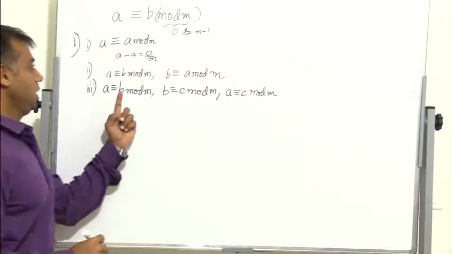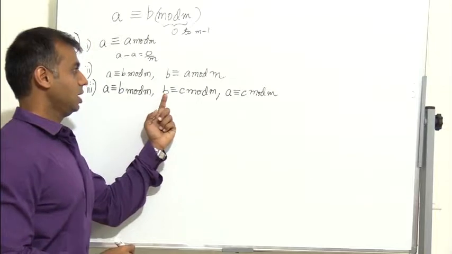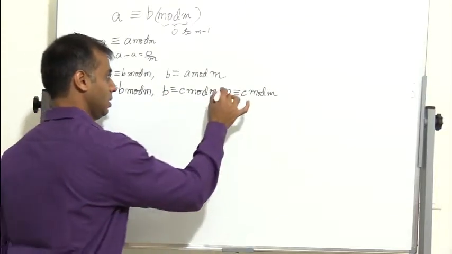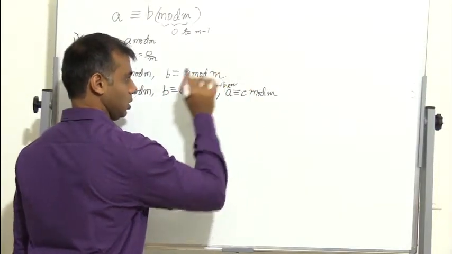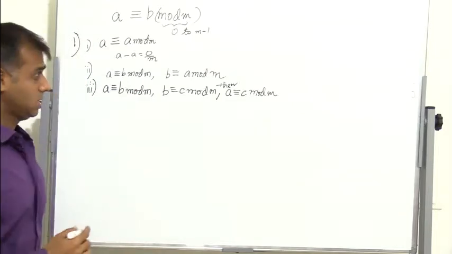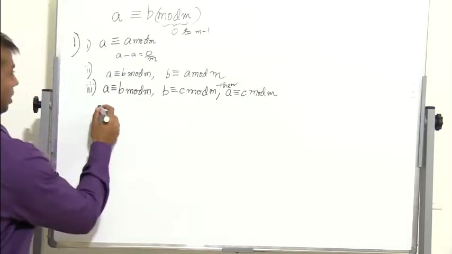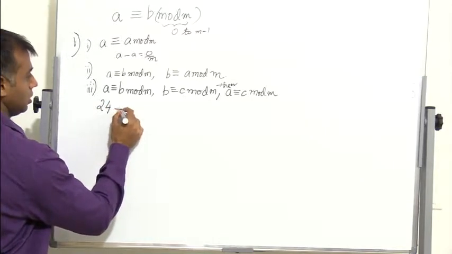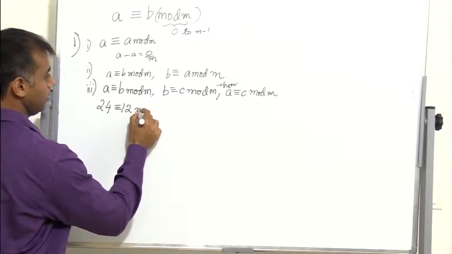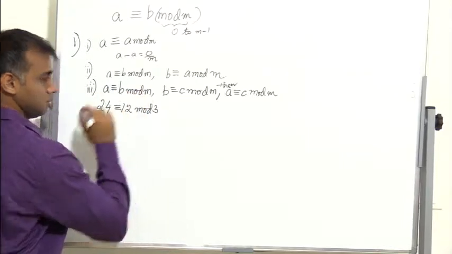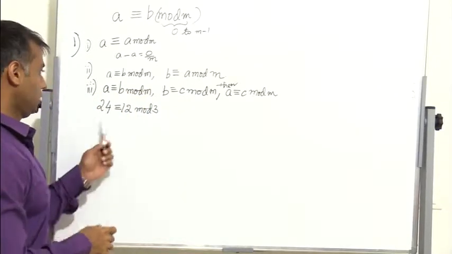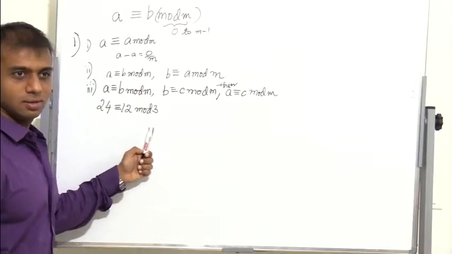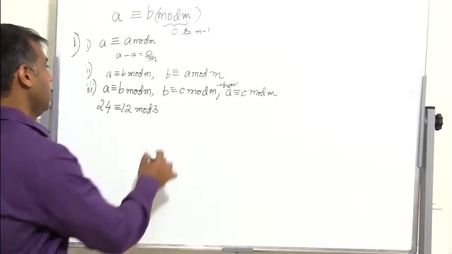Right. If A is congruent to B and if B is congruent to C, then A is congruent to C. So let's take an example. 24 is congruent to 12 mod 3 because 24 minus 12 is 12, which is definitely divisible by 3.